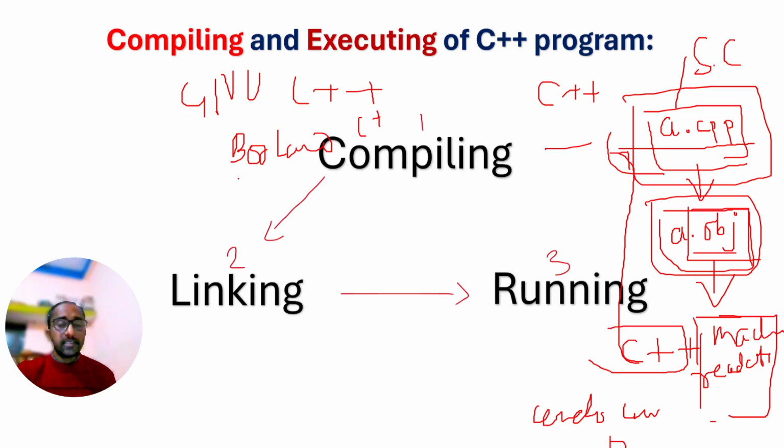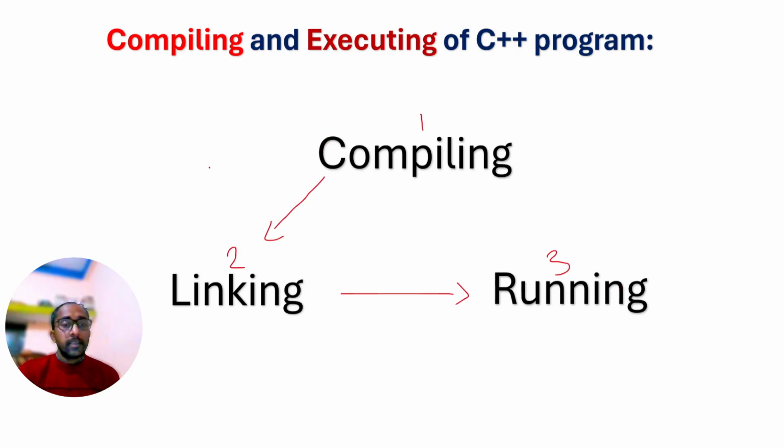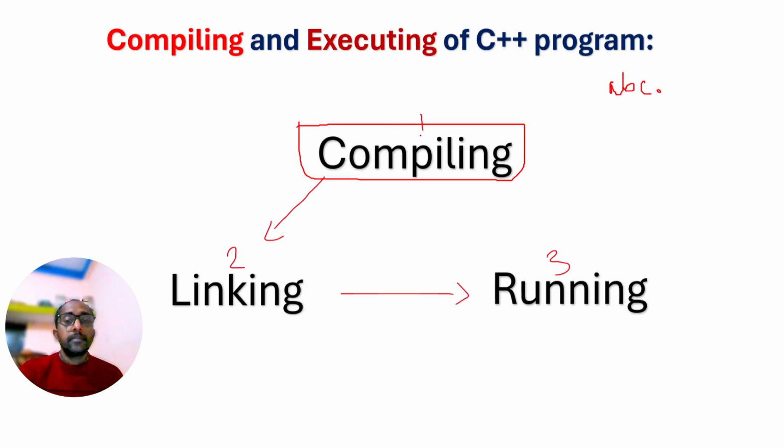This is the first stage, to compile the program. abc.cpp is the source code.